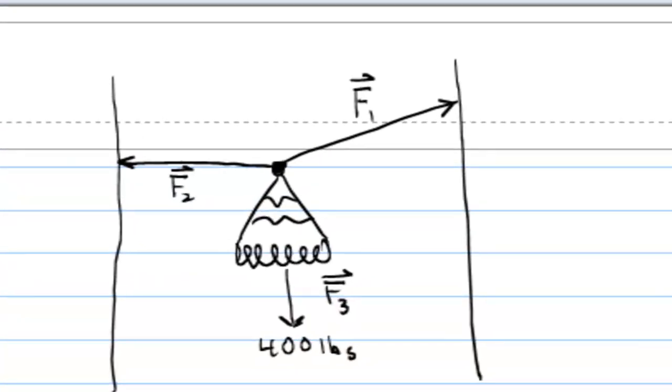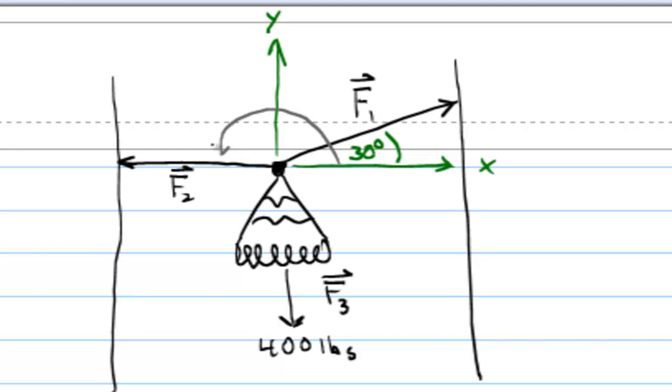If I put in a coordinate axis, in other words, the horizontal x-axis and the vertical y-axis, I'm going to estimate this angle to be 30 degrees to F1. And to F2, F2 is a straight angle, so that's 180 degrees. So we know the direction angles on these vectors.